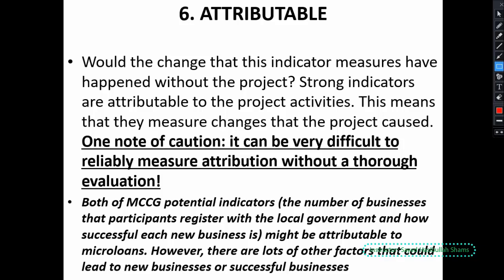When we select any indicators and we would like to find the attribution of that indicator, we must write "maybe", because we cannot find it very easily to understand the attribution of the indicators. So it's very important to use the word "maybe" in the table.